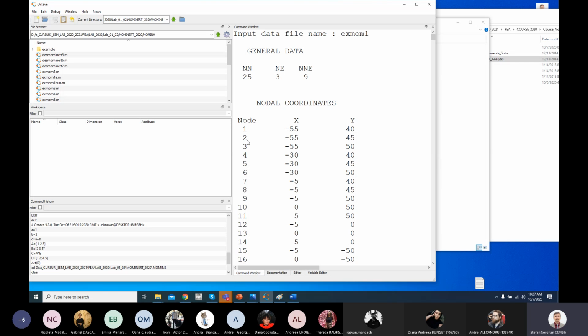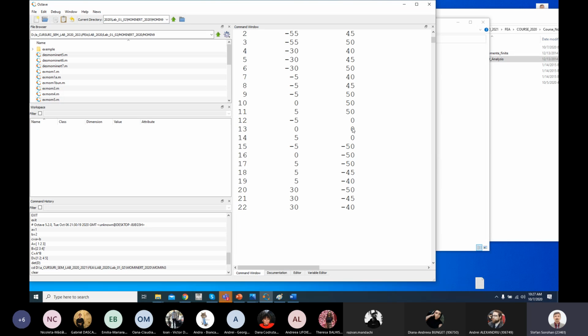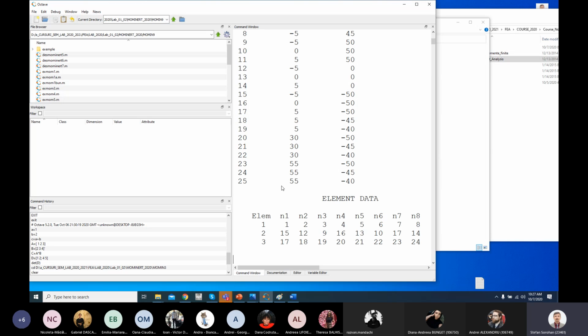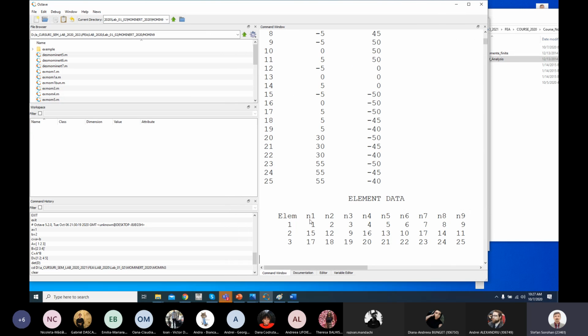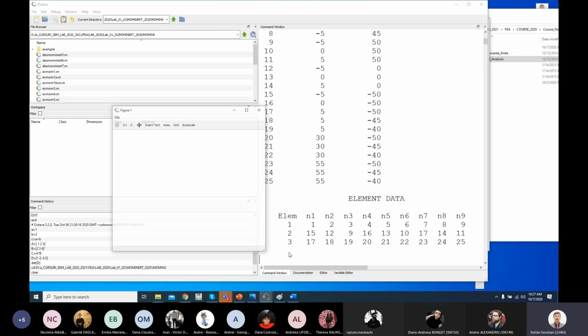Of course, for each node, x and y coordinates. Enter again to fill all the nodes, and then we have element data here. So for each element, nodes 1, 2, 3, 4 till node 9 are listed here. Enter again. We obtain the picture for this particular Z cross section.